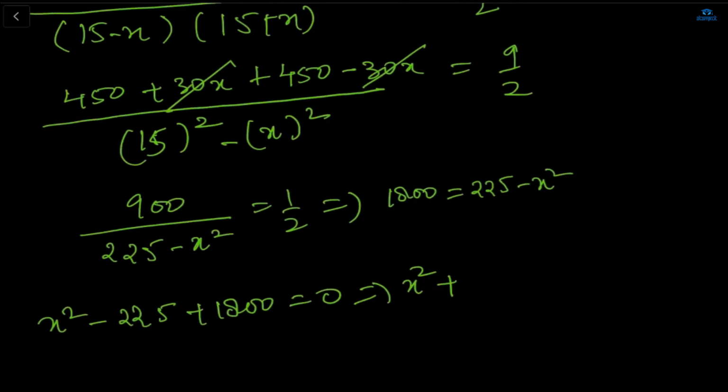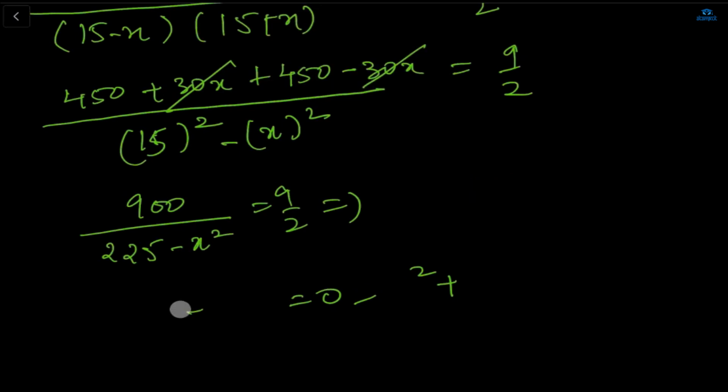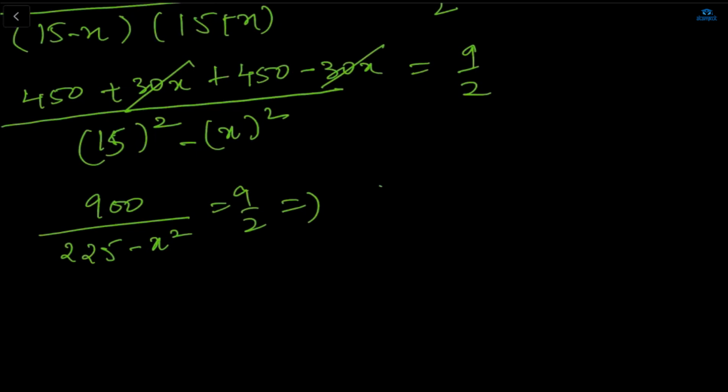Okay, see, this is 9. I forgot about 9. Okay, from 9 you can cancel, you'll get 100. So it will be 200 is equal to 225 minus x square.